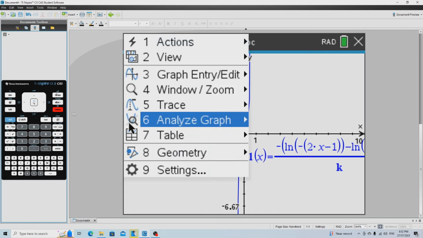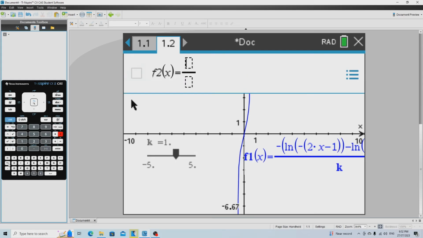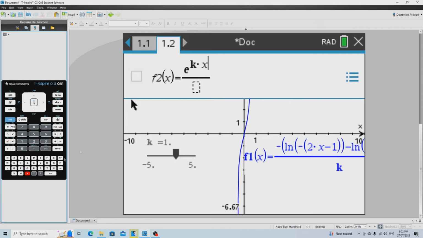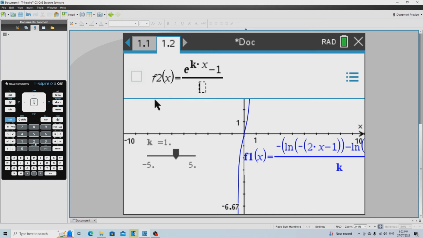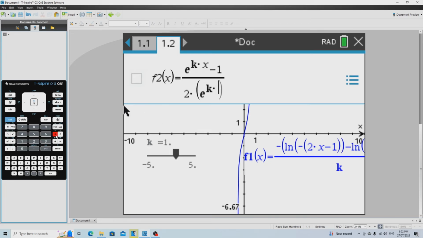So we can say tab. Okay, so the inverse is (e^(kx) − 1) over (2 times (kx + 1)).